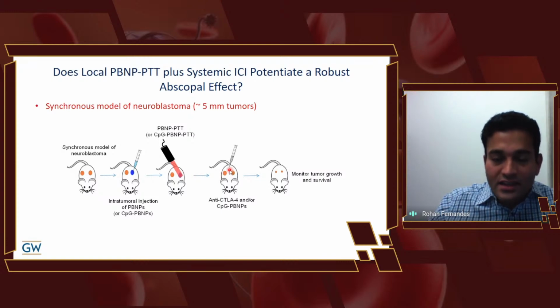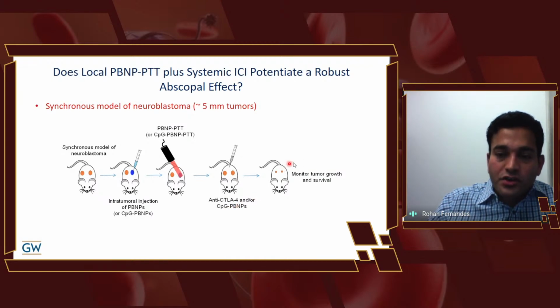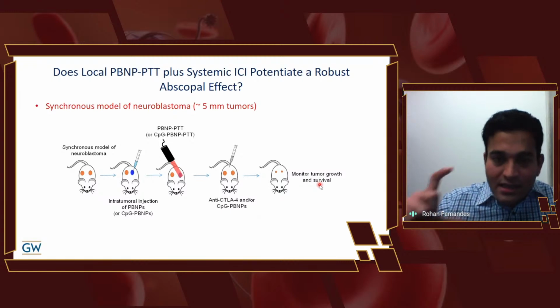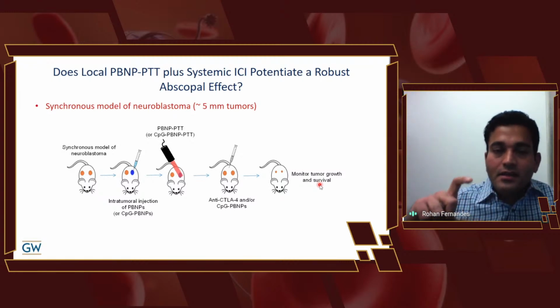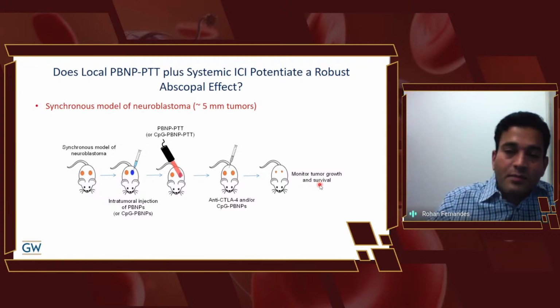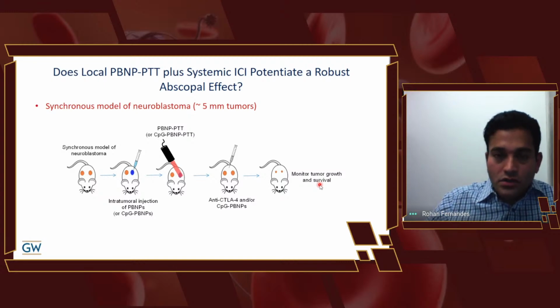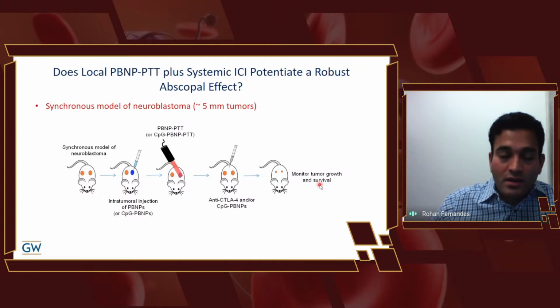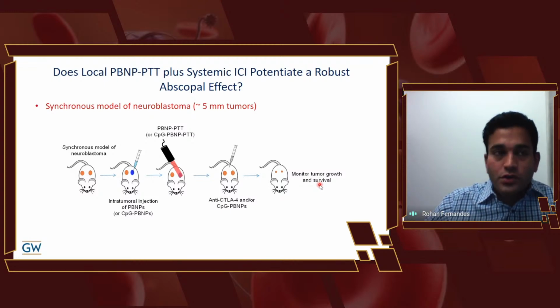Subsequently, in the peritumoral environment, we systemically administered anti-CTLA-4 and/or the CpG PBNPs. And we monitored tumor growth and survival. So you have PBNP, CpG PBNP, PTT, and systemic anti-CTLA-4. So there is this ensemble, a group of cytotoxic and immunotherapies put together in this nanoimmunotherapy.